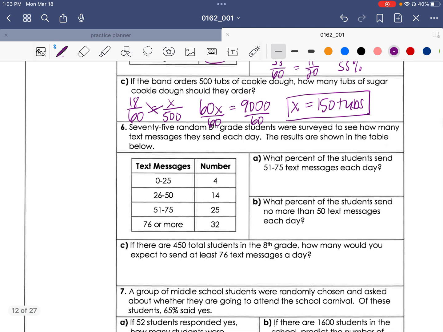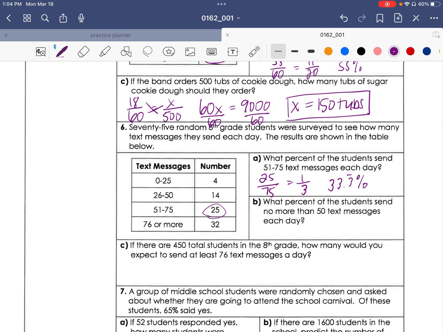75 random 8th graders are surveyed to see how many text messages they send a day. This will be interesting for you guys. What percent of the students send between 51 and 75 texts? So 25 out of the 75 total is 1/3, which is 33.3 repeating percent.